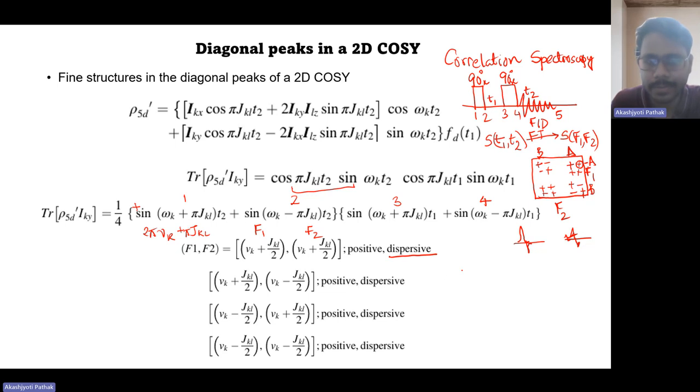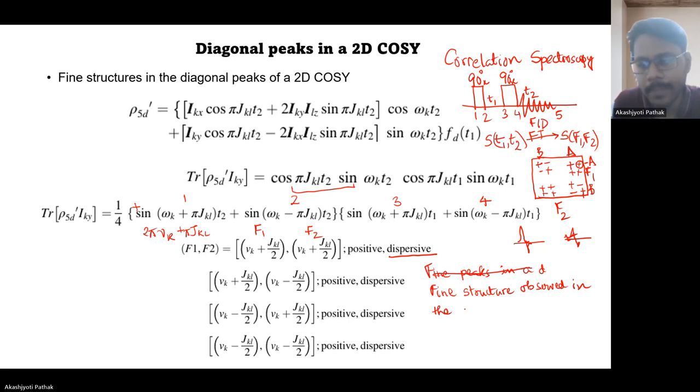Okay, so what you have to understand here is that the fine structure observed in the diagonal peaks of a 2D COSY experiment has positive dispersive line shapes.